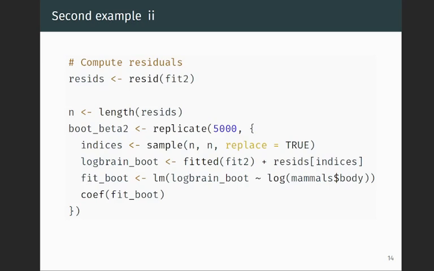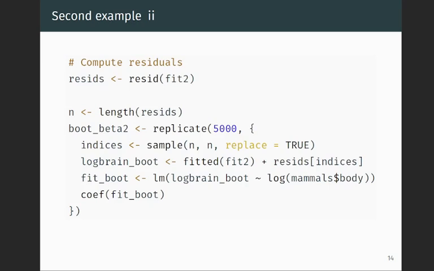It's a variable outside of the dataset. So I'm not using that argument. Here I'm using log of mammals $ body. You could also write dataset $ log underscore body. Both would be equivalent.